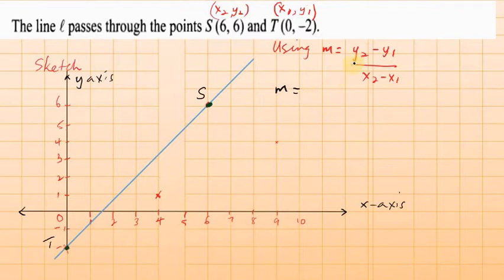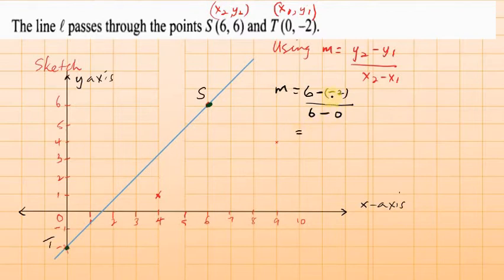M is equal to y2 minus y1, which is 6 subtract negative 2, over x2 minus x1, which is 6 subtract 0.